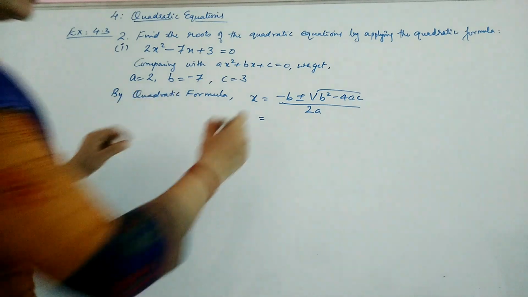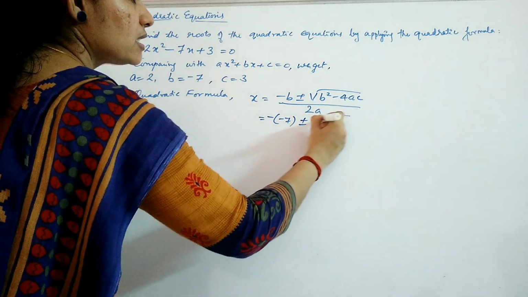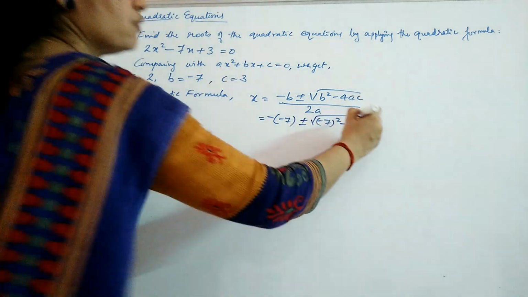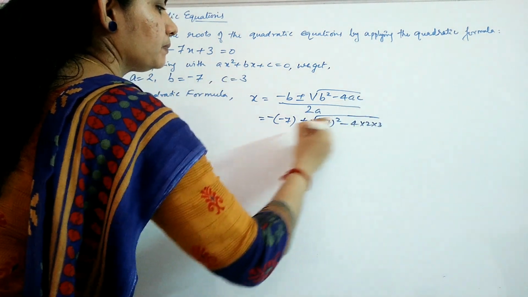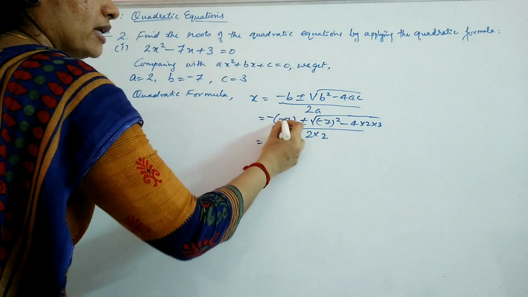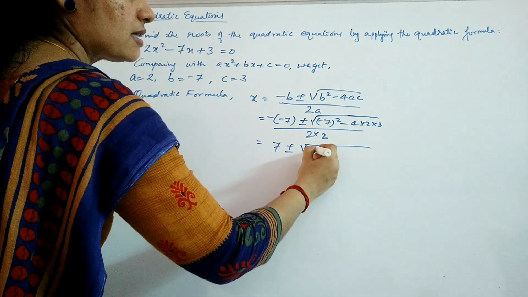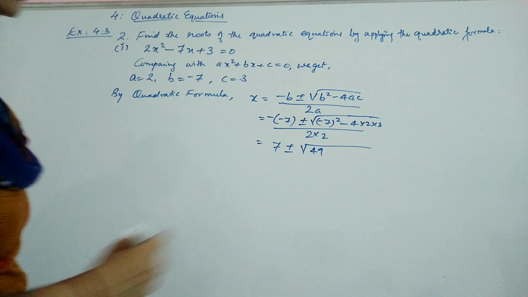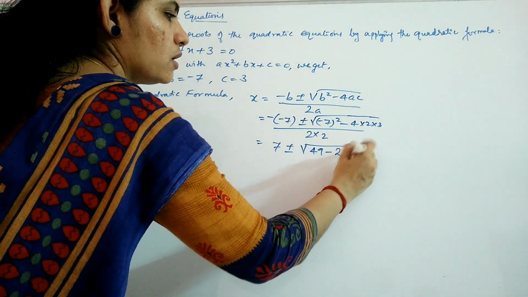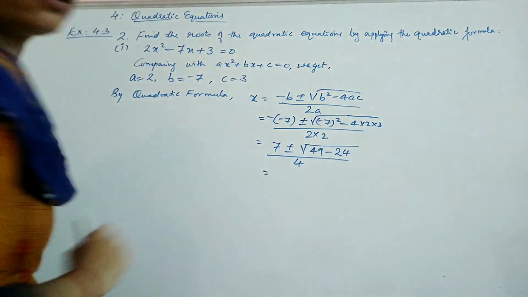Your b is minus 7, so you get minus of minus 7 plus or minus root of b square, again minus 7 the whole square, minus 4, a is 2, c is 3, by 2a, a is again 2. So minus of minus will give you plus 7 plus or minus root of, so minus 7 whole square will give you 7 square, which is 49, minus 4 into 2, 8, 8 into 3, 24, divided by 4.